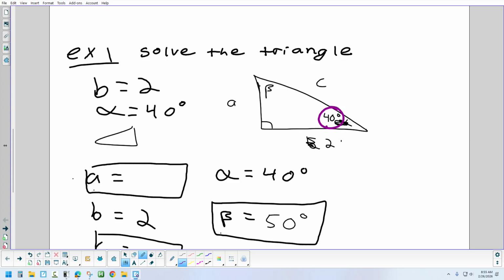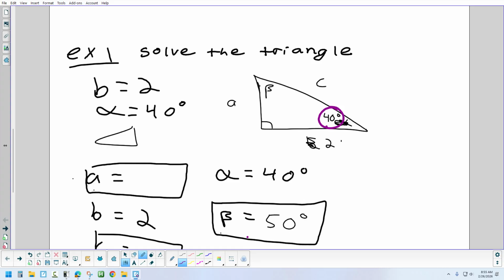We know it's right. Okay? So if you use the 50, if it's right, then yeah, the problem will come out fine. But if you made a mistake finding this and you use it, then everything you use it for is also going to come out wrong. So when you're doing a right triangle problem, don't use anything that you calculated to find something else. Okay? Always use what was given.